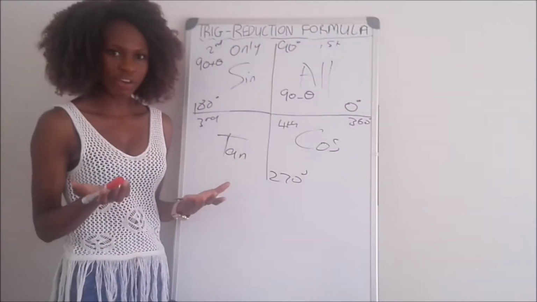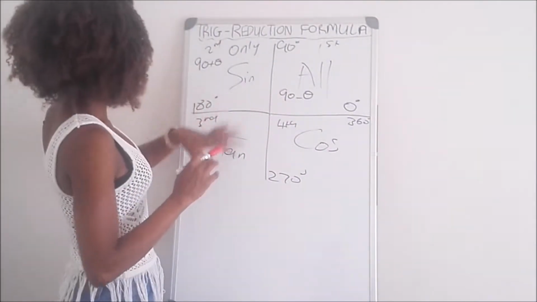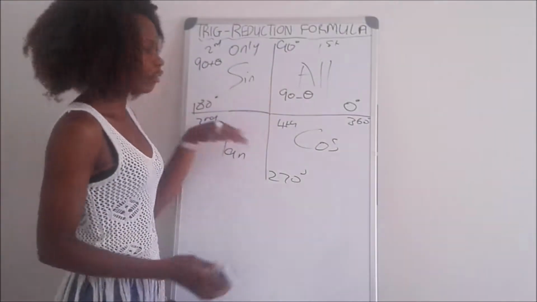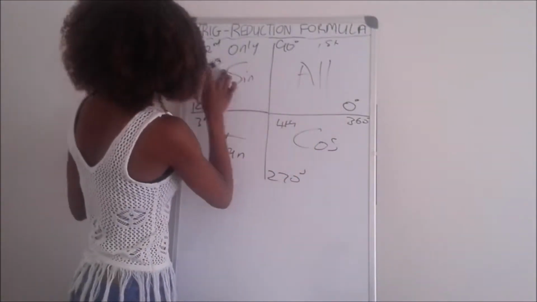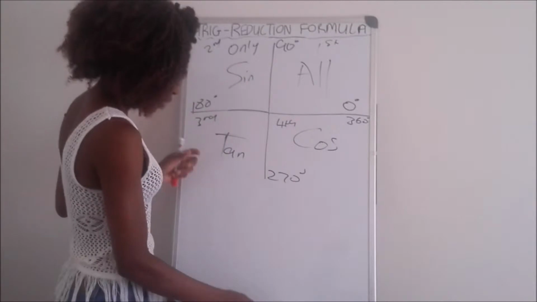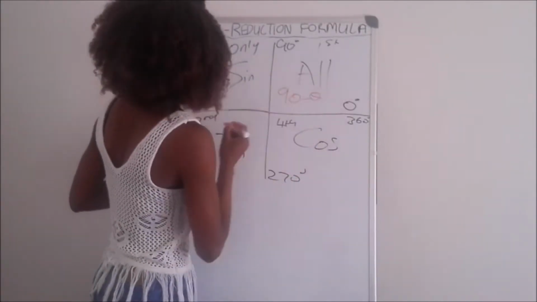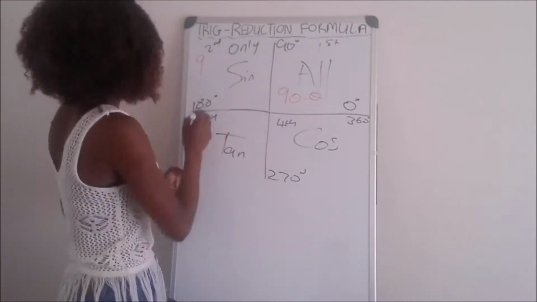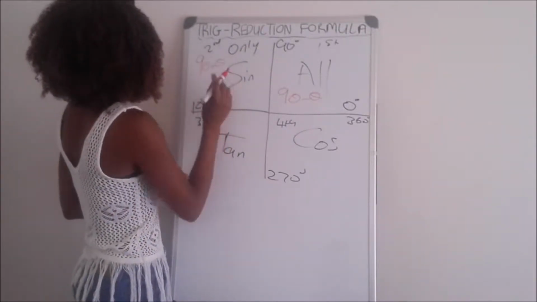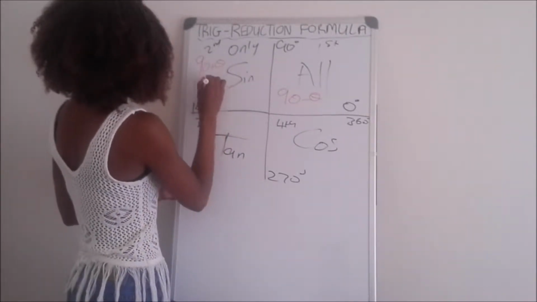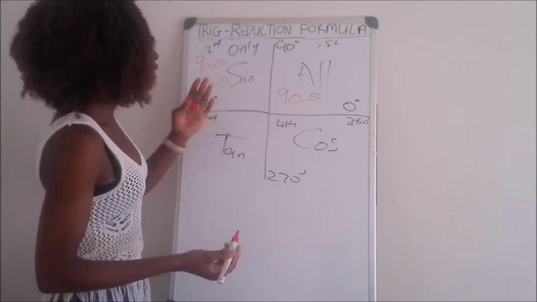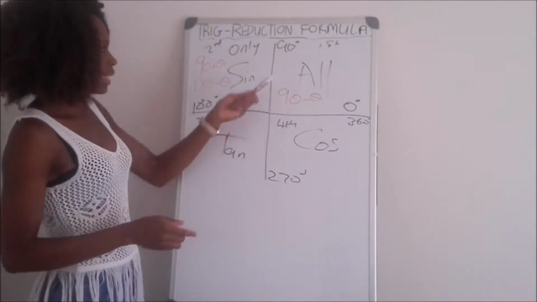Let me use a different marker so that we can see, because we're going to be writing a lot. When we're doing the reduction formulas, this is 90 minus theta. In the second quadrant, we have 90 plus theta and also 180 minus theta. Do you see how this comes around? Here it's 90 degrees.